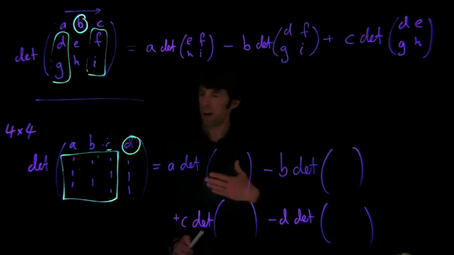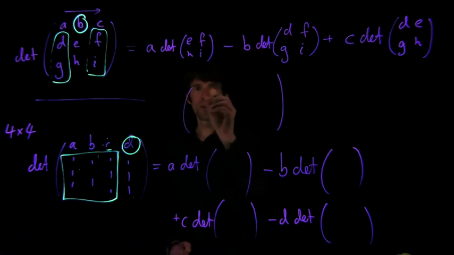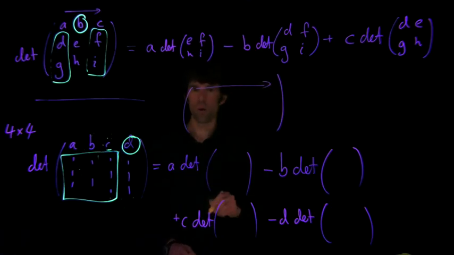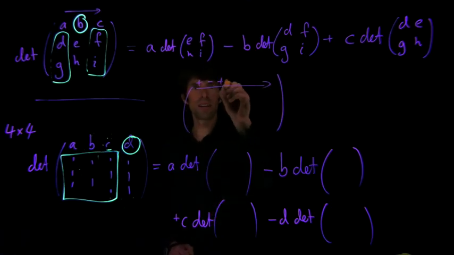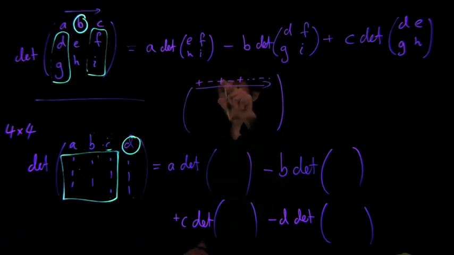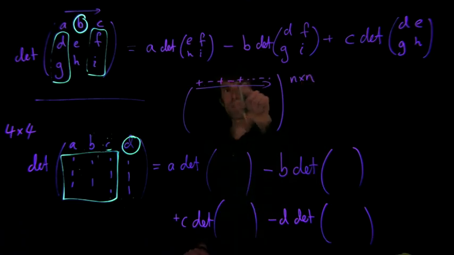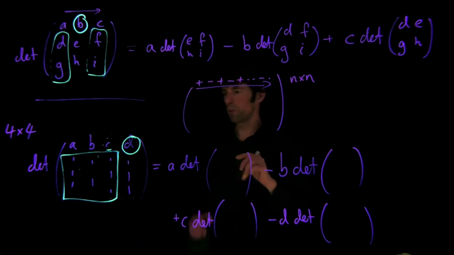And for 5 by 5 and bigger, exactly the same idea. In general, we're going to walk across one row, alternating sign. So this is an n by n matrix, and each element along this row is going to have a complementary n minus 1 by n minus 1 block.